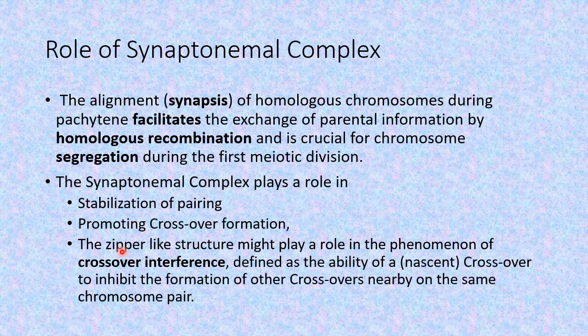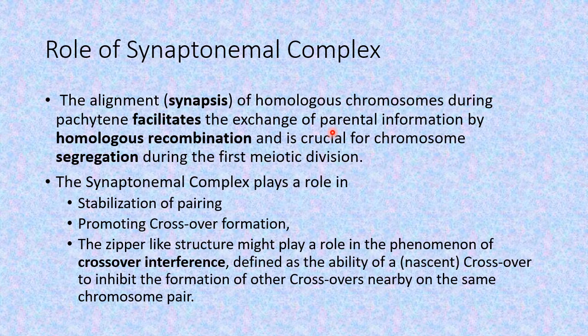And apart from these two functions, which result in the segregation of different genes between these homologous chromosomes, it also restricts the number of crossovers that may take place between these two homologous chromosomes. So it is responsible for crossover interference, which is defined as the ability of the nascent crossovers to inhibit the formation of other crossovers in its vicinity.